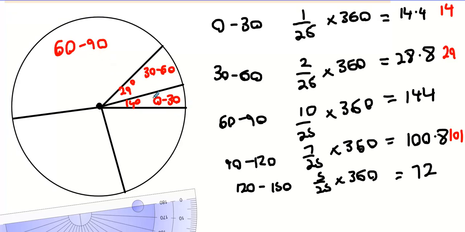Yeah, it actually added up to 360. Doesn't always, but I checked it. And what's that? 144 degrees. Okay, lads, what's the next one? 90 to 120. 101 degrees. Okay, and then the last one. Yeah, that's not too bad, is it?